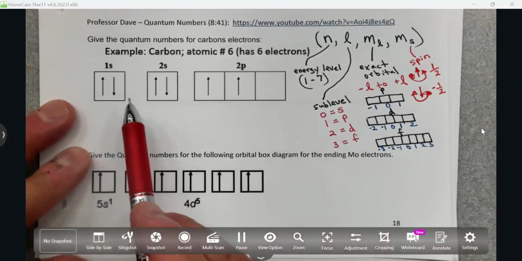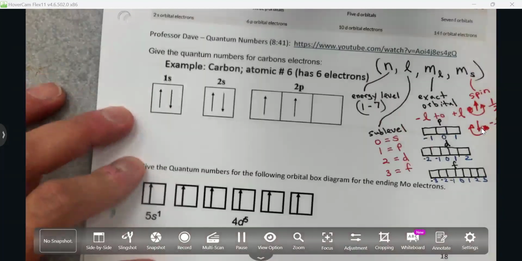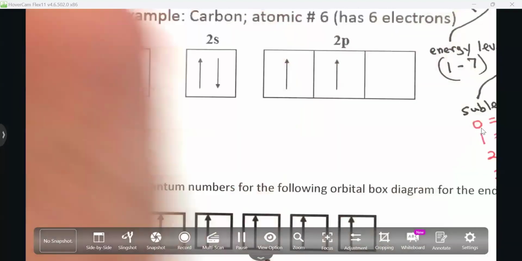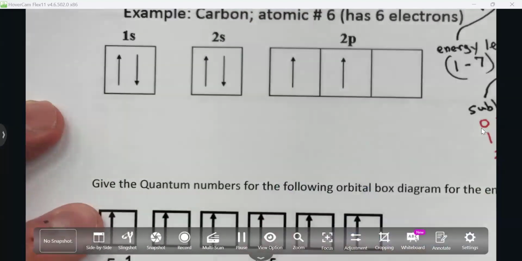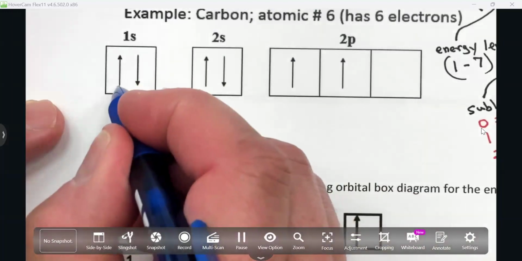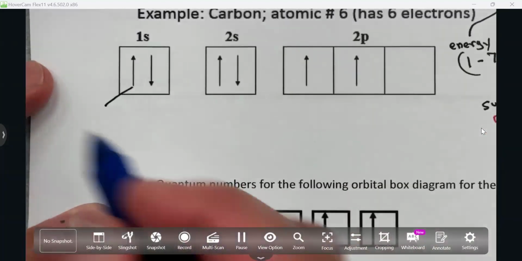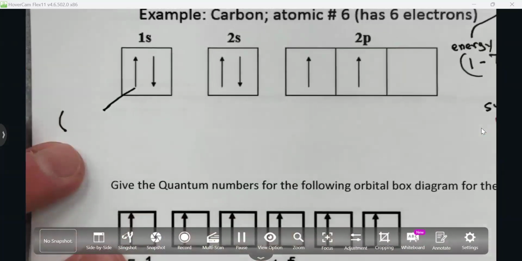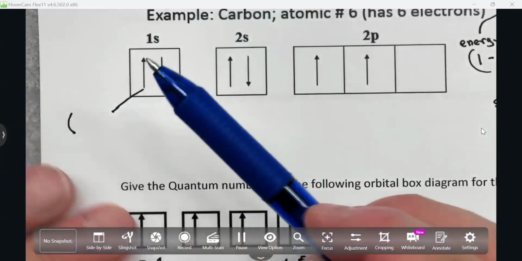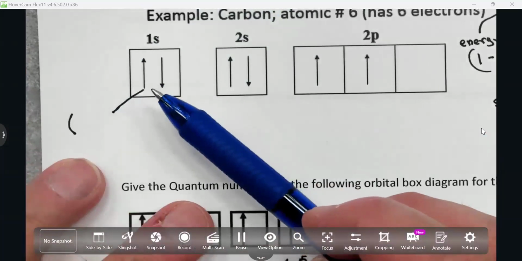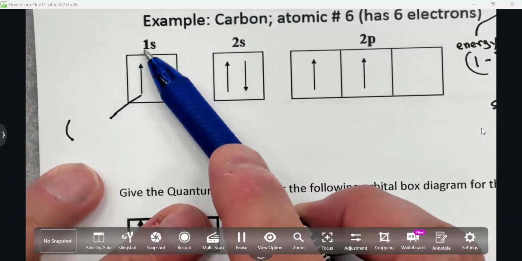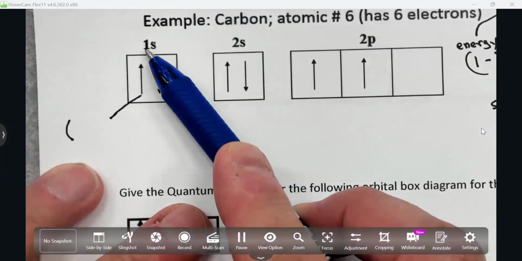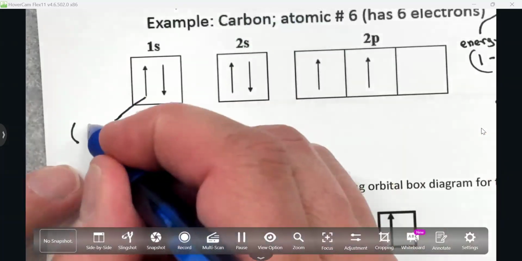Now, we'll do this electron right here first. This electron right there, we're going to have 4 numbers. Let's go left parenthesis. My first number is the level. What level is it in? Level 1, correct? My first number is a 1.